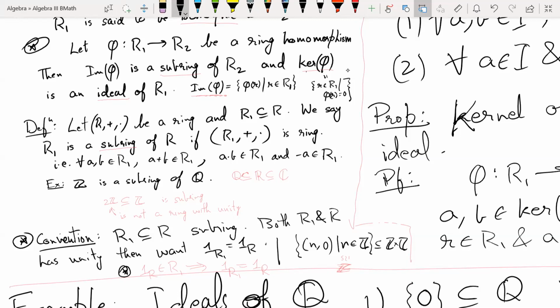If both rings have unity and 1 of R belongs to R1, then it follows that 1 of R1 is equal to 1 of R.